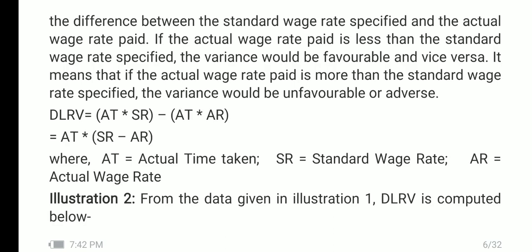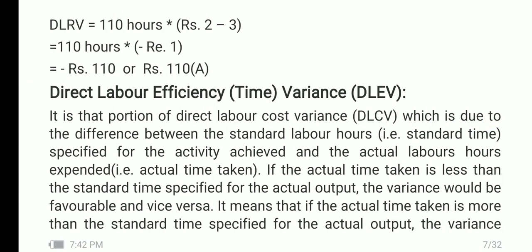Now let us consider an illustration. From the data given in illustration 1, DLRV is computed below. DLRV is equal to actual time taken 110 hours into (standard rate rupees 2 minus actual wage rate paid rupees 3), which will give us minus rupee 1.